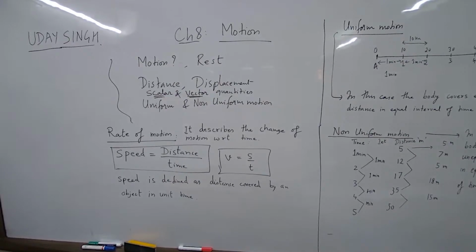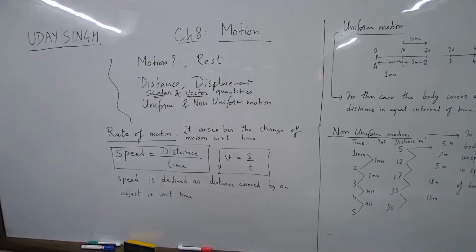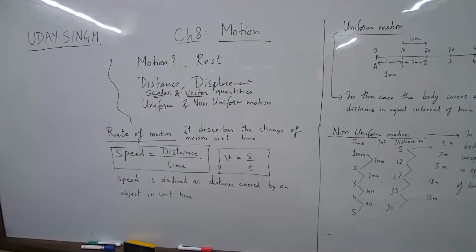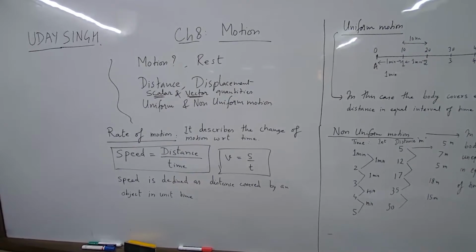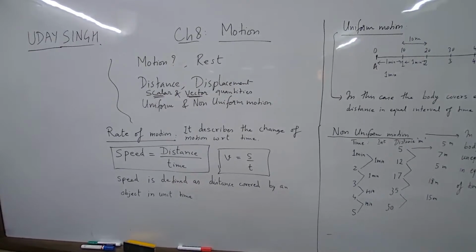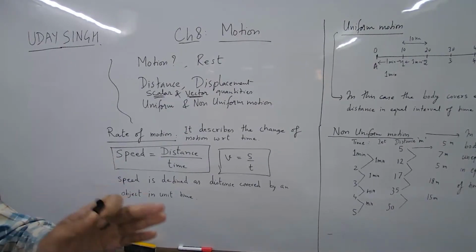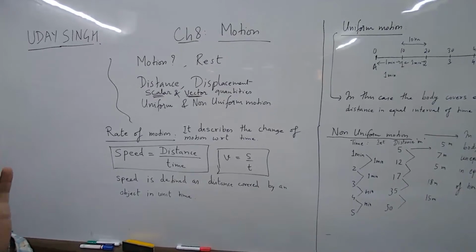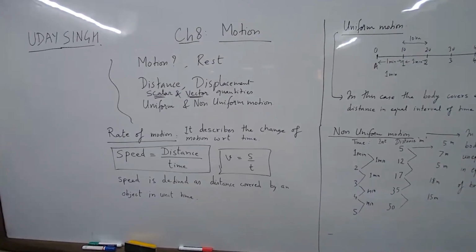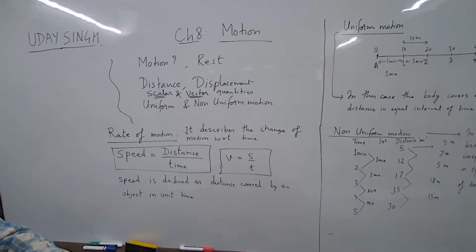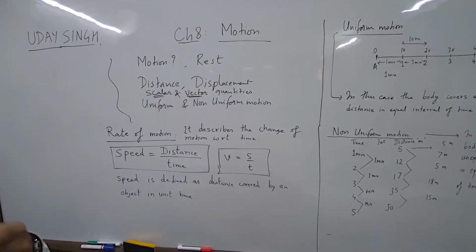That is rate. Let's say you are heating an object. So change in temperature with respect to time is rate of heat. Okay. Here when we say speed, it is the rate at which the distance is changing with time. So if the car is moving with higher speed, it will cover more distance. If it is moving with less speed, it will cover less distance.